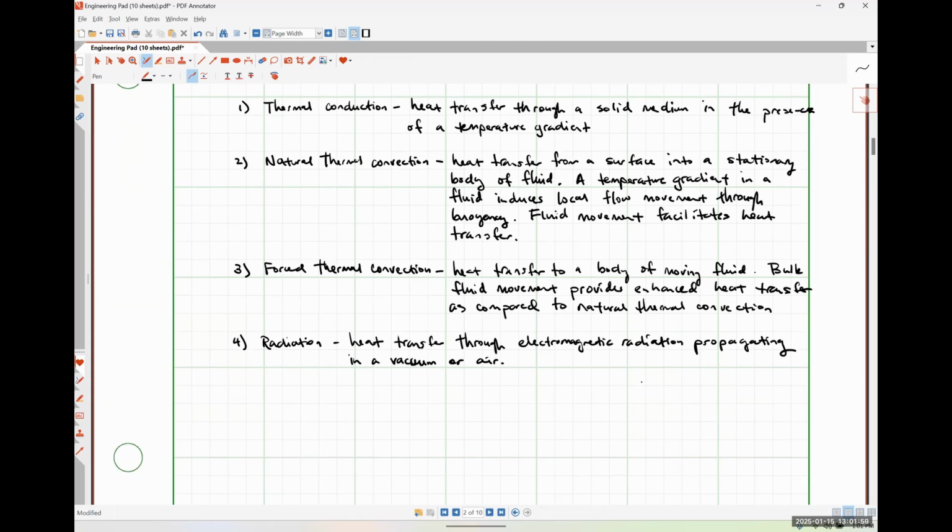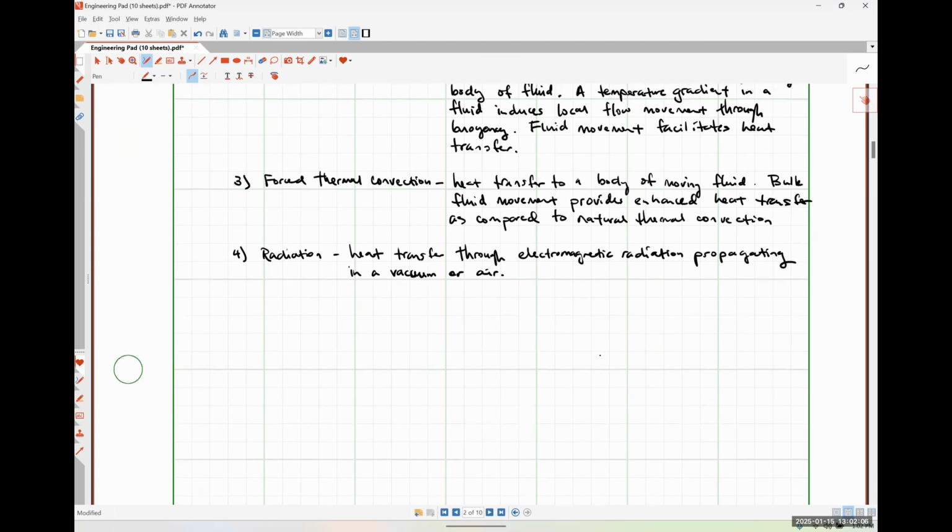So the governing equations relating the heat transfer rate and the temperature gradients for heat transfer mechanisms are, so let me write this down. So we have Q double prime subscript COND, conduction.